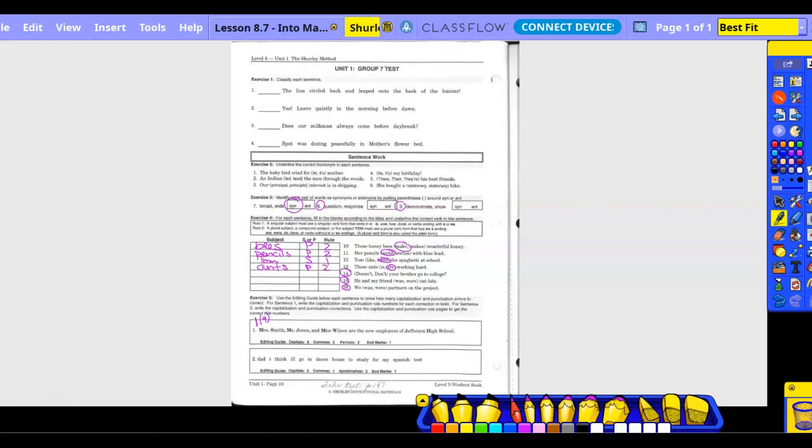Let's just do actually the capitalizations first, then we'll go to punctuation. Okay, so what about the capital of the last name? What does number 7 say? So use a capital for last names. Okay, so 7 goes with the capital S. What about Mr.? What did we just say, guys?